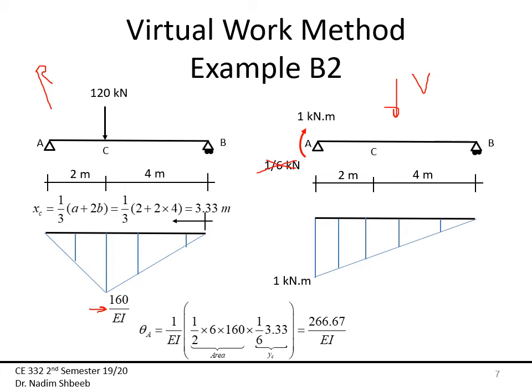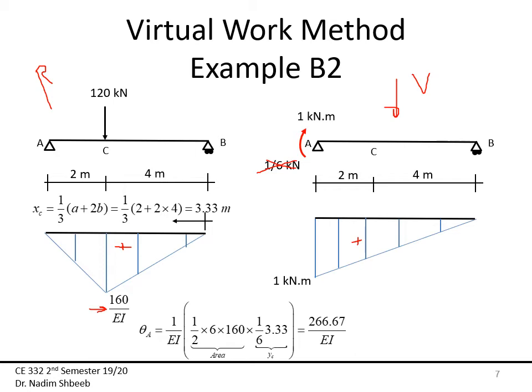We don't need that. Again, I draw on the tension side, so this is positive and this is positive. The value is 1 kilonewton meter. Here again, you don't need to find the reaction for that.